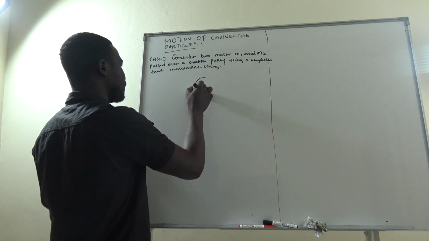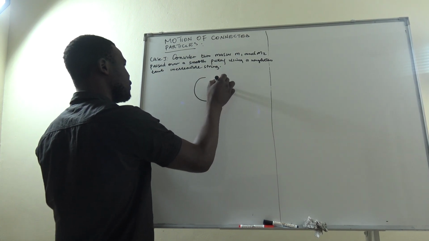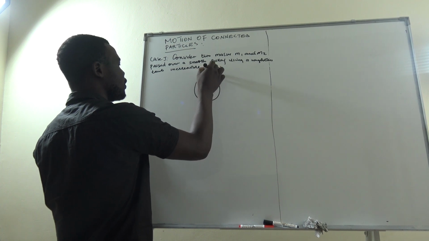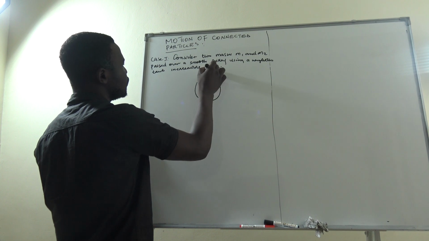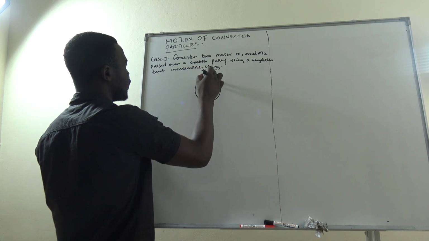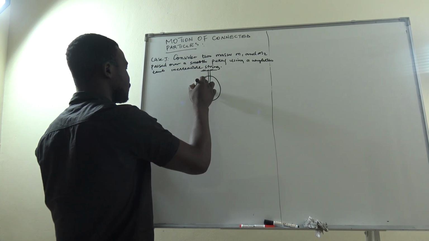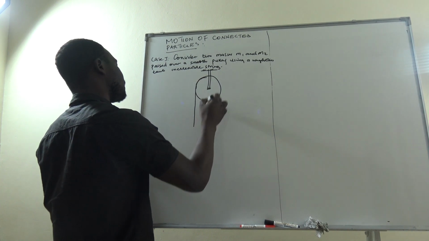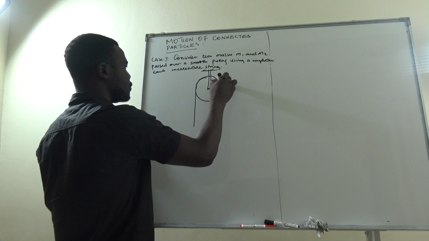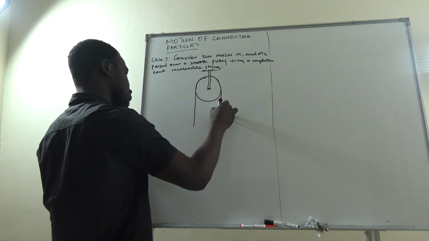bodies or particles if this is our smooth fixed pulley and this is the string. We are saying it is taut. When we say taut, it means it is straight.